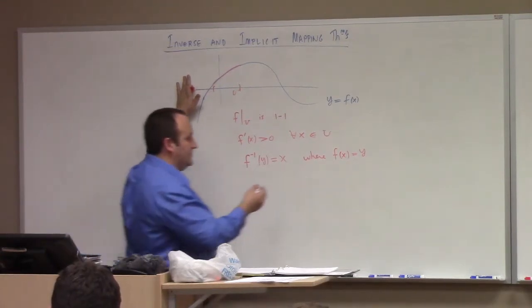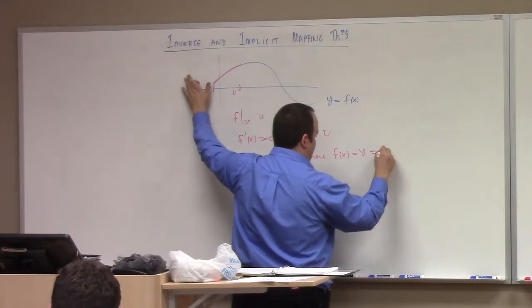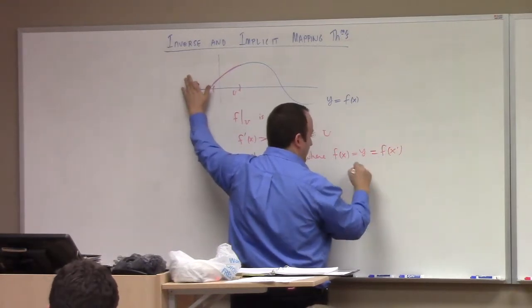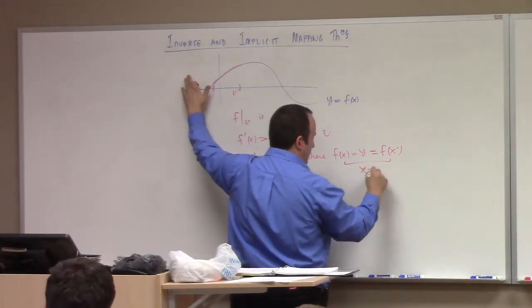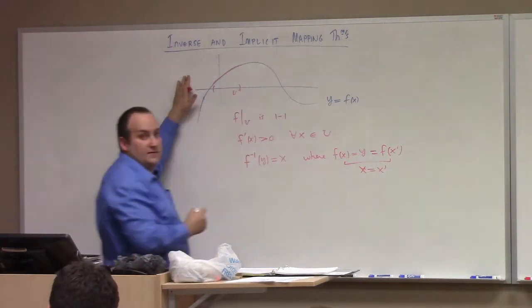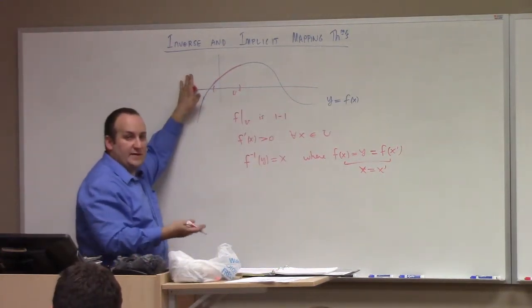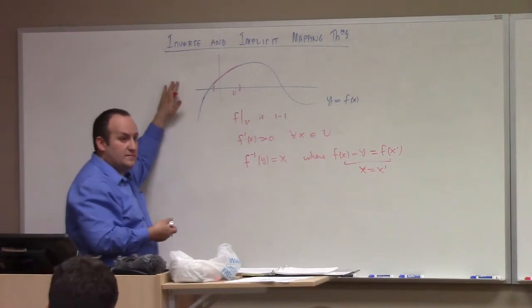Because if I had that this was f of x prime, well, that would say x is equal to x prime, by 1 to 1. So I can define the inverse function by just undoing the function, provided I have this injectivity of the function.